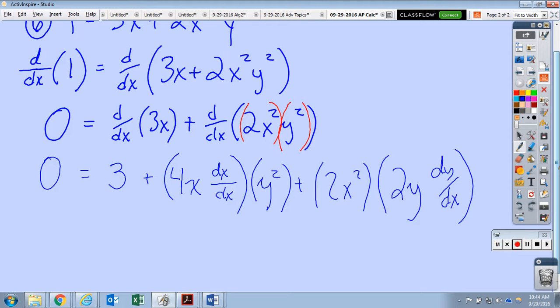Then this part here, the derivative of this. Now we need to recognize when we have a product. So we see a product of 2x squared and y squared. So the product rule says derivative of the first factor, leave this guy alone, plus leave this guy alone, the derivative of this factor. So let's go ahead and do that.